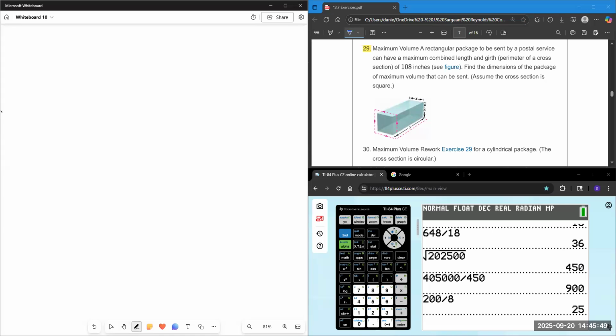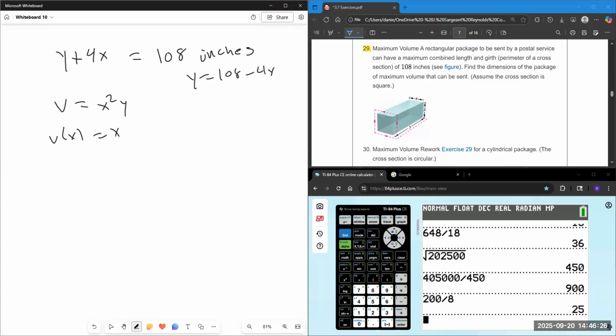So we have y plus 4x is going to give me 108, what we're given, and these are inches. That's our constraint equation. And we want to find the volume of this. So the volume of this shape here is x squared y. Let's solve for y. y is 108 minus 4x. So volume with respect to x is x squared times 108 minus 4x.